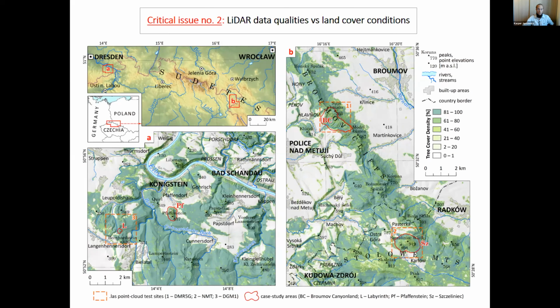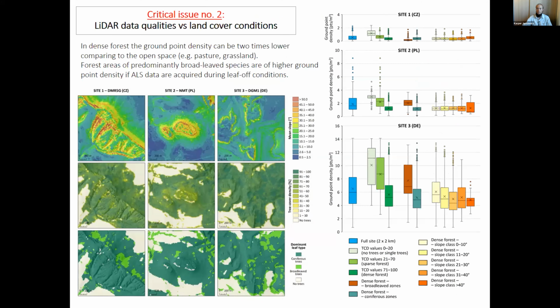But we asked ourselves to what extent it actually does happen in our case. So we tried to check it out, basing on 3 sites, each site of square shape, 4 square kilometer area, and at least 2/3 of this area is covered by forest. And these sites are presented on the left figure.